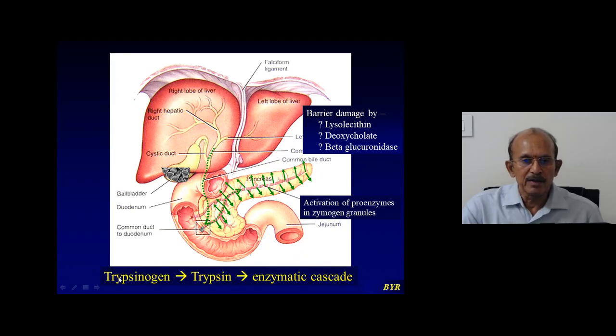This leads to activation of trypsinogen to trypsin, and an enzymatic cascade now develops, and all the other enzymes also get activated. The result is edema and vasodilatation of the pancreatic tissue. That is the acute inflammation. So this is acute pancreatitis. So this is how acute pancreatitis occurs.